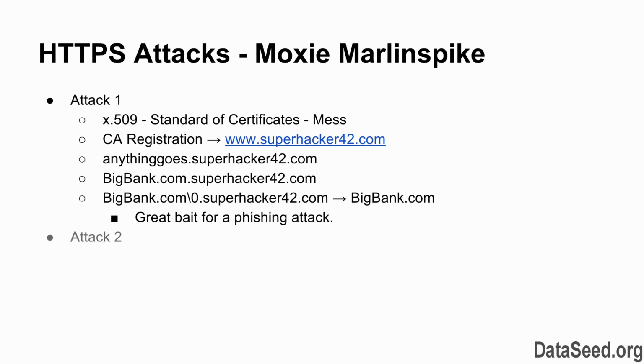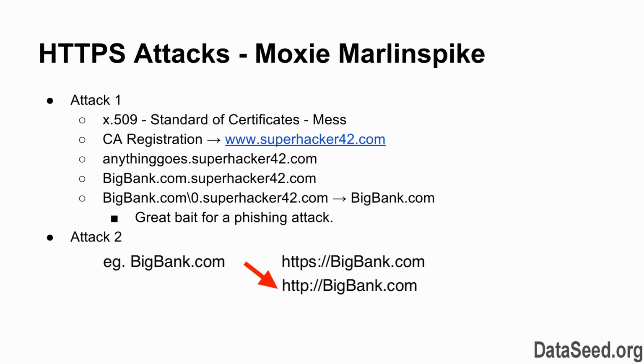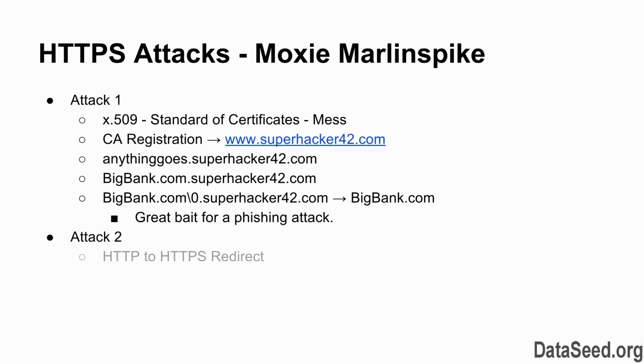The next attack is pretty simple. When a user types in a domain, they usually don't prefix it with HTTP or HTTPS. They just type in the domain, and once it resolves to the server, an HTTPS page is used. However, what if an attacker was on the same network and captured your request before it even hits the real server? The attacker could just push a regular HTTP page back to you, a page that was in the clear.